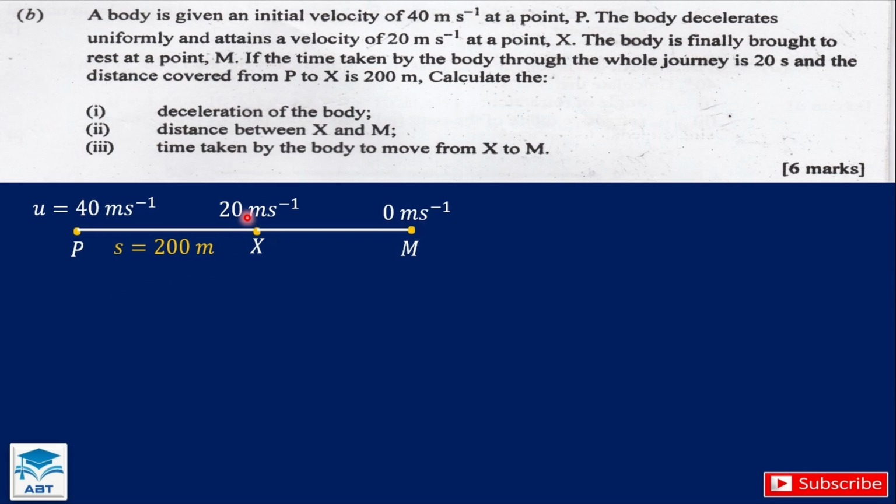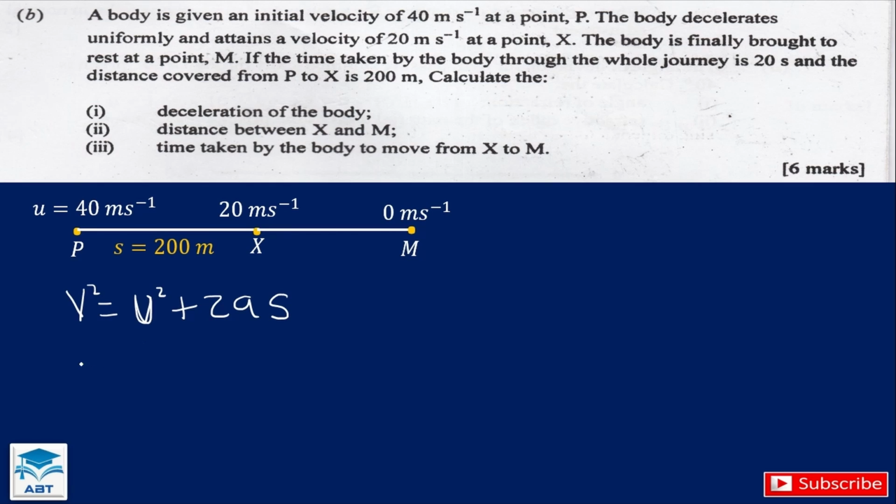And knowing the initial velocity, final velocity, and deceleration, and we are to calculate distance between X and M, Newton's third equation of motion is going to be helpful. So we have final velocity squared is equal to initial velocity u squared plus 2 times the acceleration times the distance.